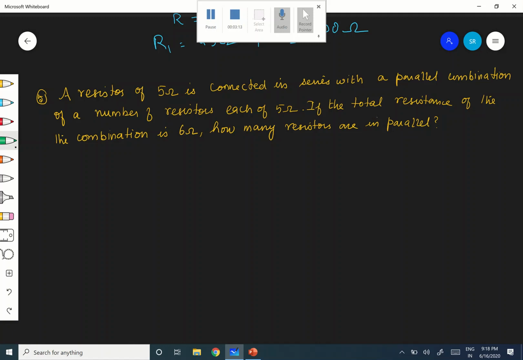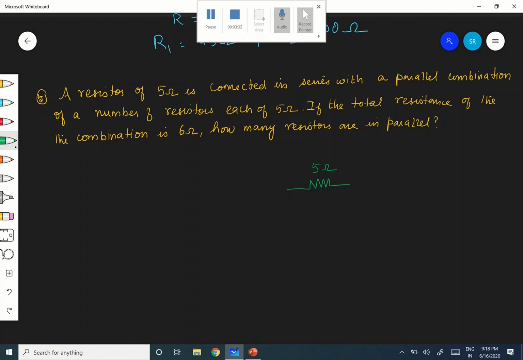If the total resistance of the combination is 6 ohm, how many resistors are in parallel? First, you draw a resistor of 5 ohm resistance, which is connected with a parallel combination of a number of resistors.